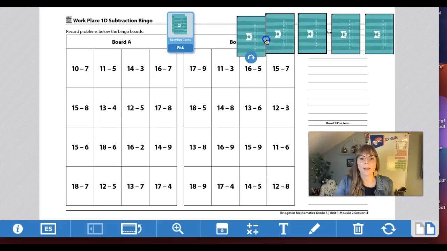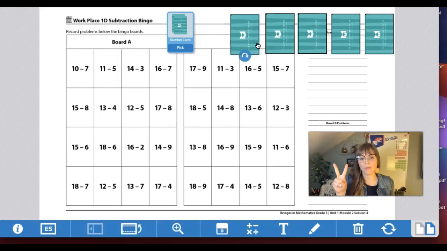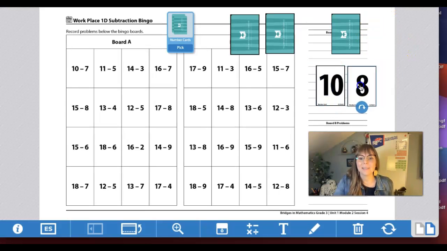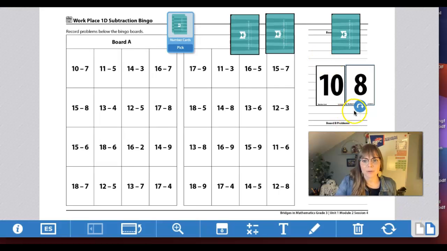Now I need to pick 2 of the cards to add together to make a sum that equals at least 10. I'm going to choose this card and this card. 10 plus 8 equals 18. Let's just double check the directions because I think I need to pick one more card.